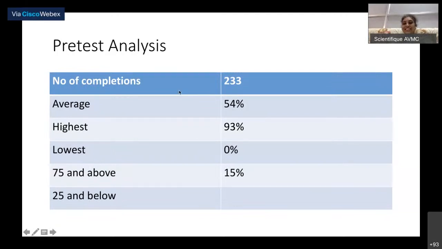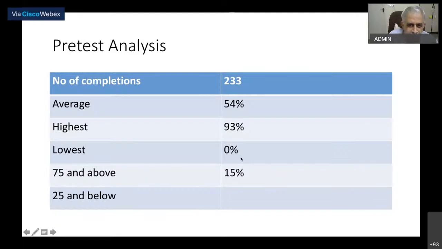Dr. Mahalakshmi has done the analysis. I will just go question by question, and if any clarification is needed, we'll answer. The percentage we got is only 54%. The highest was 93%. Many residents scored more than the faculty members, maybe because they were in a hurry or had no way to answer the questions.